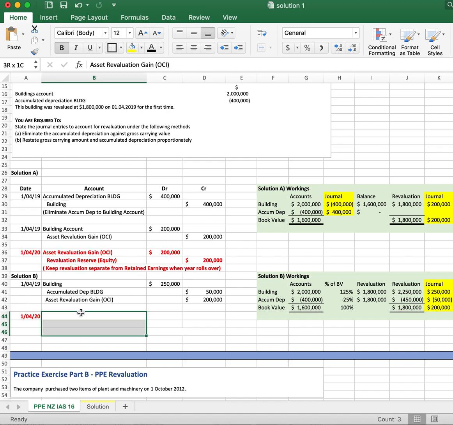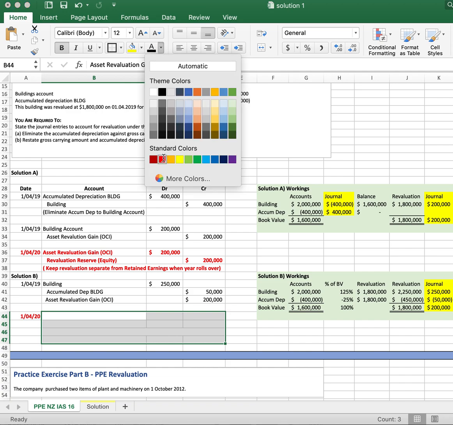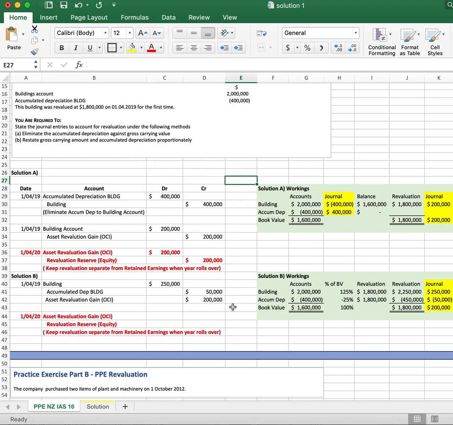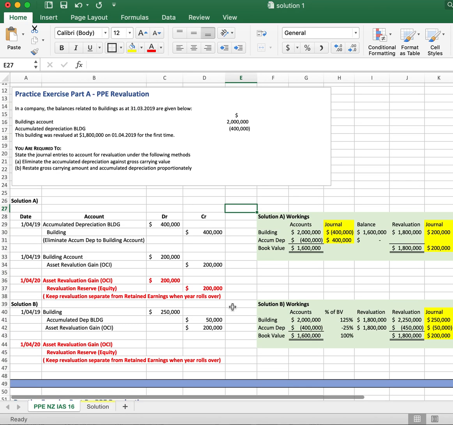So again, it's the same sort of thing, just drumming home the fact that we maintain that asset revaluation reserve separately in the equity statement from retained earnings. So that's doing the two different ways.